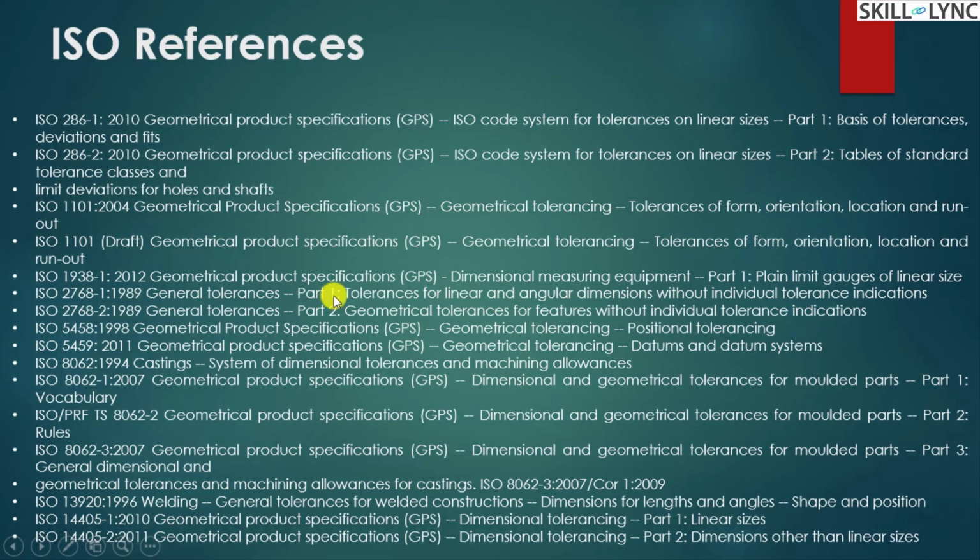In part 2 we have the general tolerances defined for features without individual tolerance indication. So like that we have different variations of these ISO standards for different applications. This is just an idea for you to look into what standard you want to follow and refer to, and what the different rules or definitions given in it are, to apply to your final drawing.